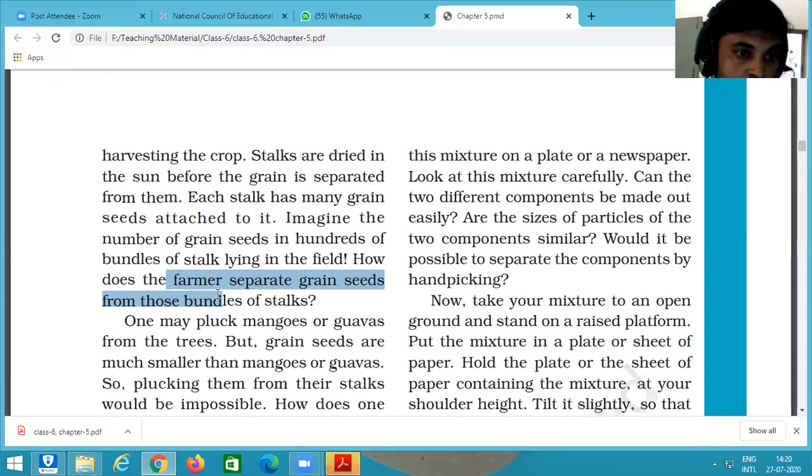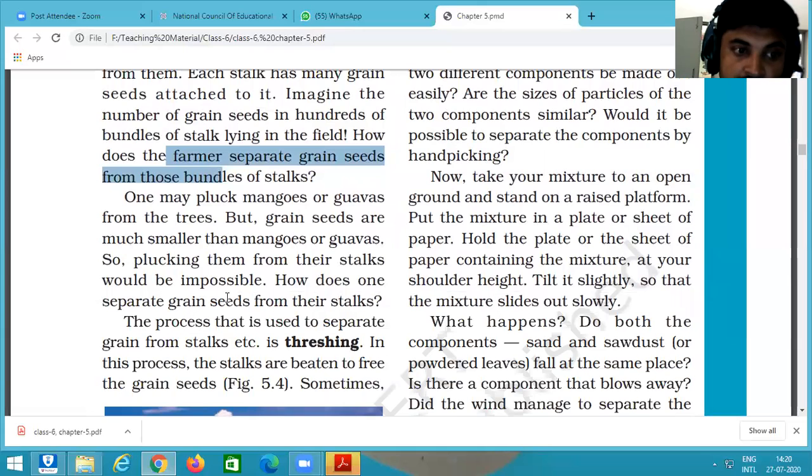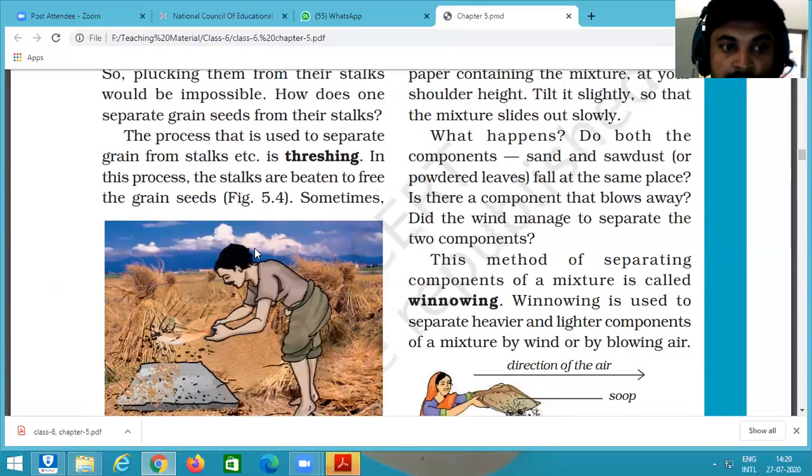So we cannot easily separate grains from their stalk or plant by hand picking. So for this, we use a different method: by beating the bunch of stalks, we separate the grains.